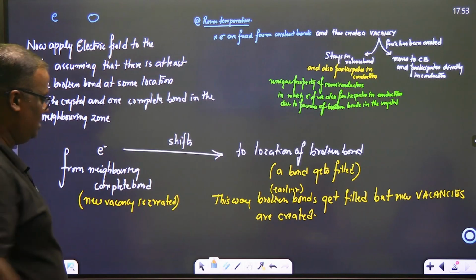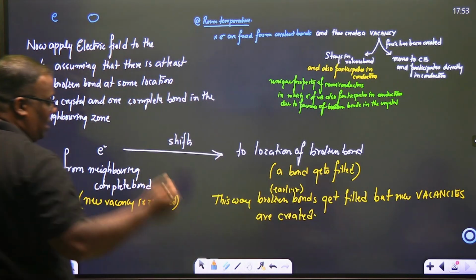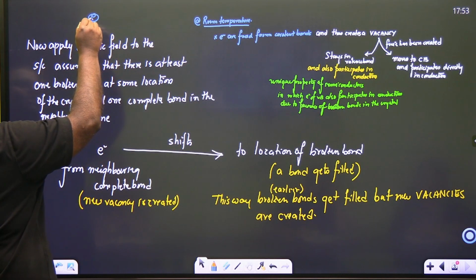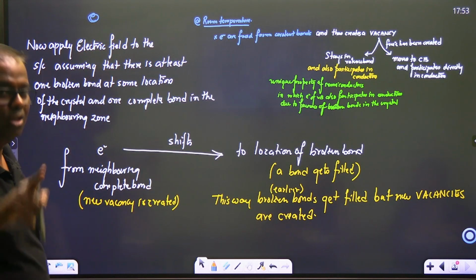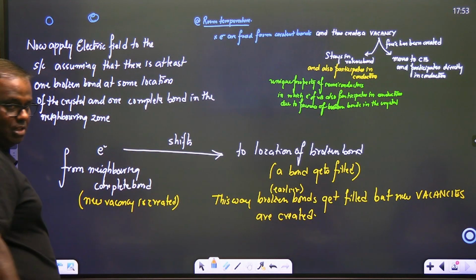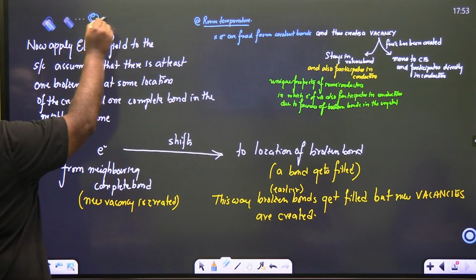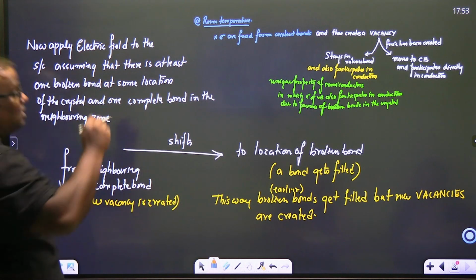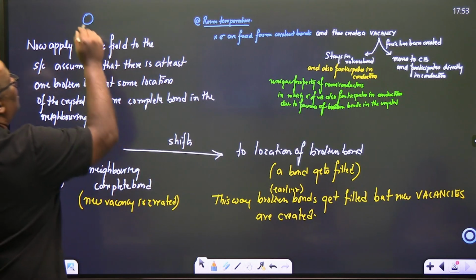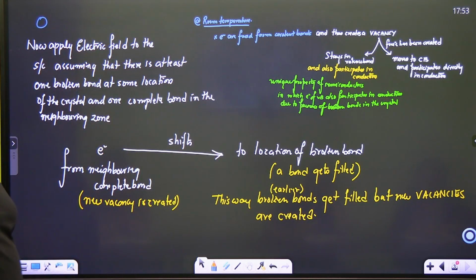Have you understood? Okay, have an artist impression to understand it. Electron moves. What about the vacancy? Got filled. Where is the vacancy now? Here. Okay, same story now I'm saying in a different manner. Vacancy was here. Vacancy shifted. Are you understanding? If the electron moves, the vacancy is moving on this side.